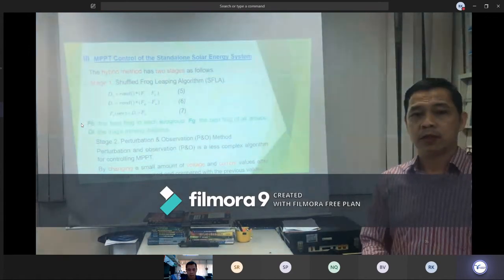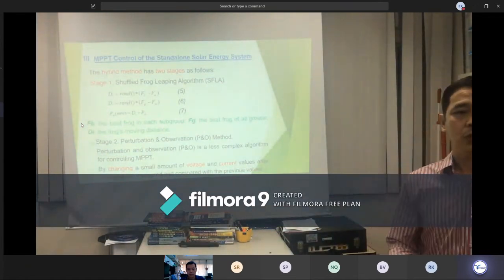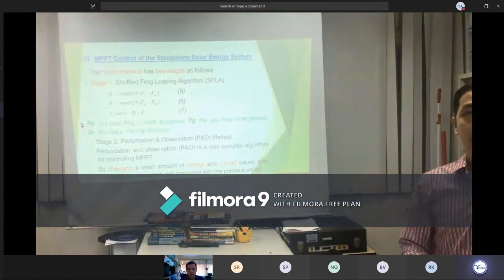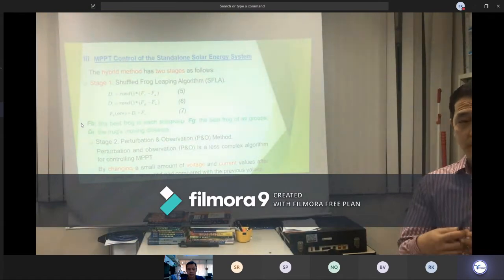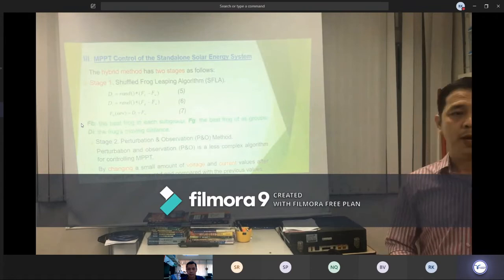The voltage and current values after changing are measured and compared with the previous value.